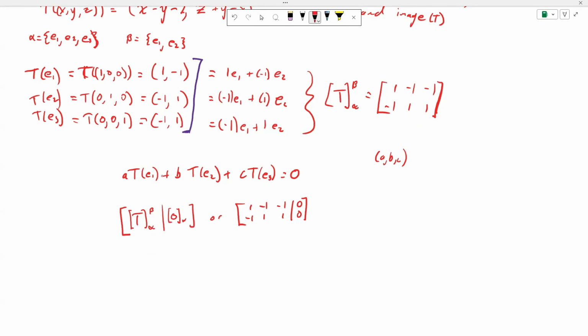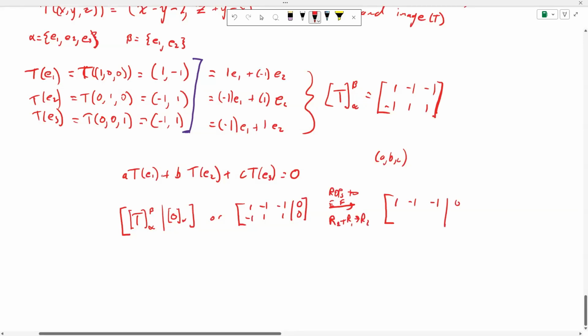From here, we're going to do row operations to echelon form, which in this case is simply R2 plus R1 replaces R2, giving us the matrix [1, -1, -1; 0, 0, 0]. And we are in echelon form. At this point, there are a couple of things to know.